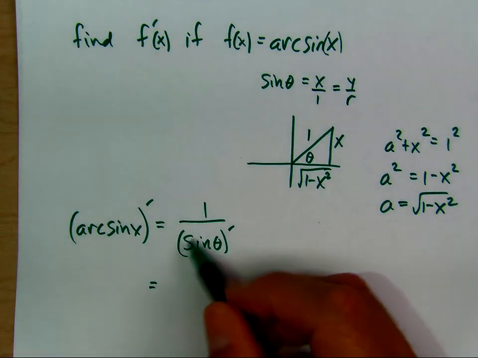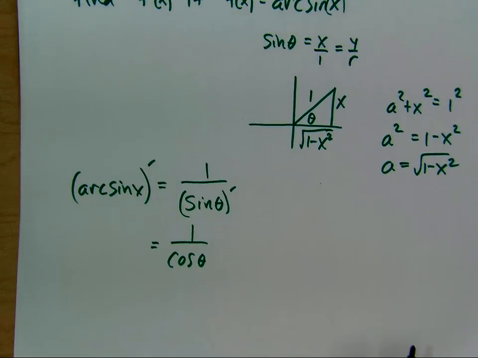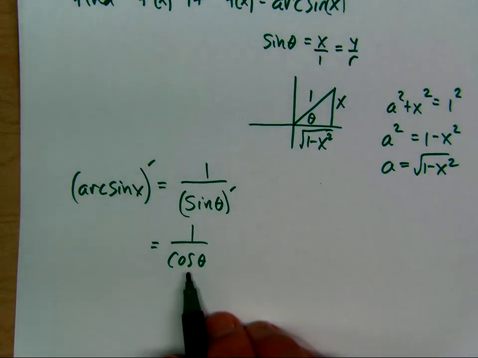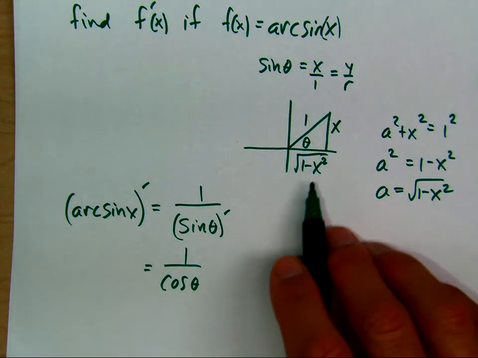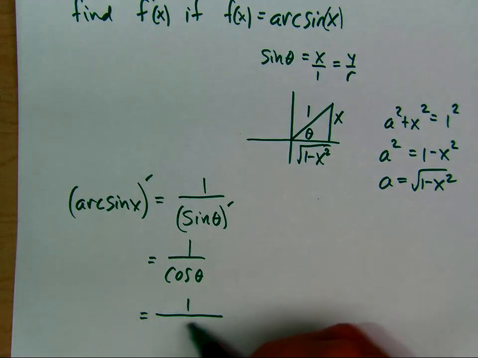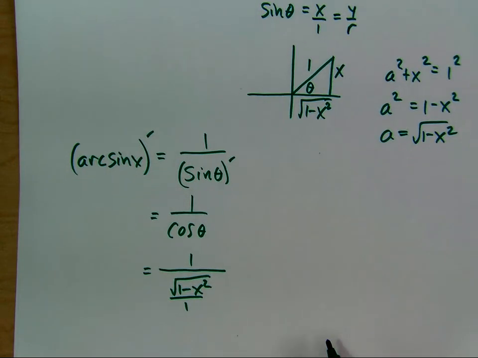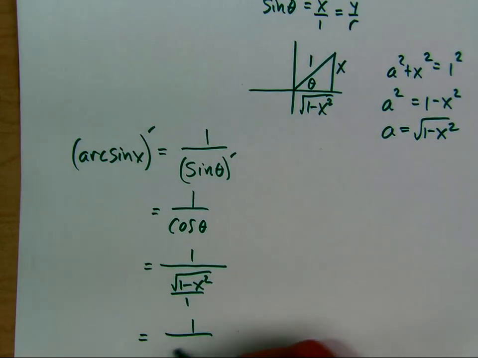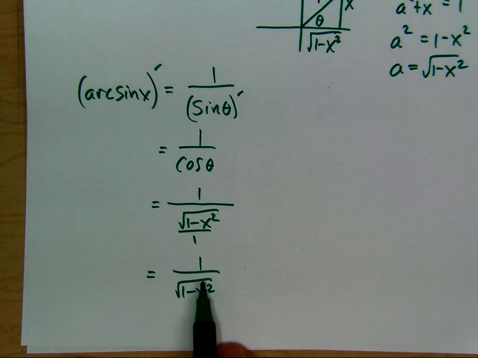Let's find the derivative of sine, and that's cosine. But we want to represent this in terms of x. So now we need cosine of theta, which is going to be this over 1. So the derivative of inverse sine is this.